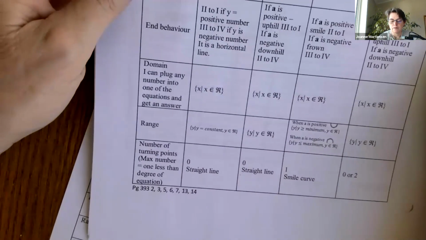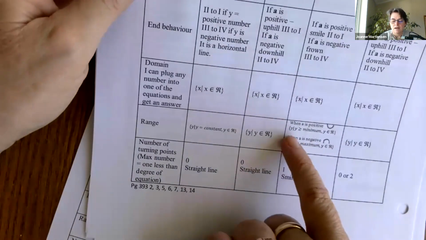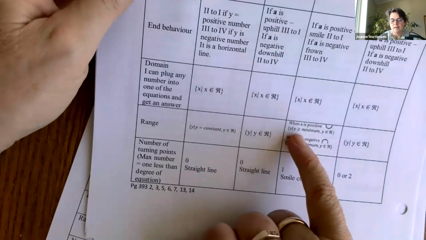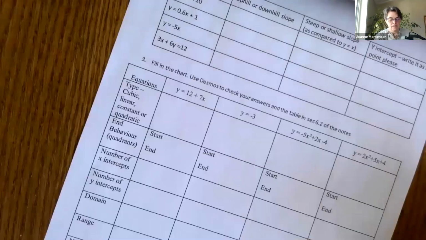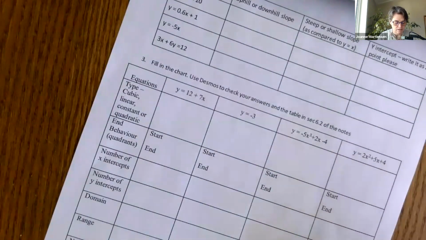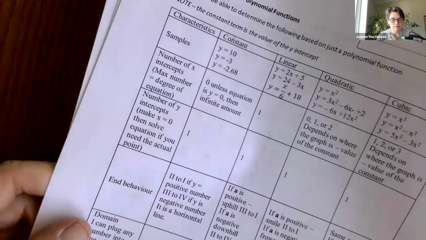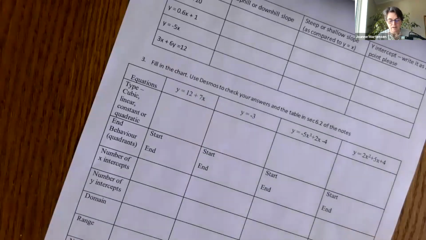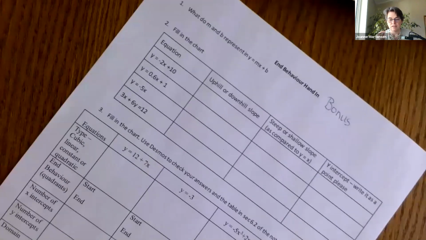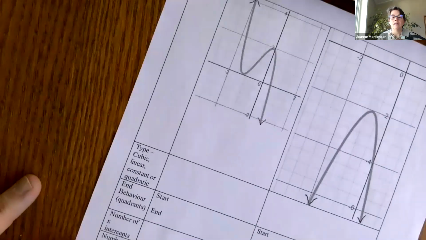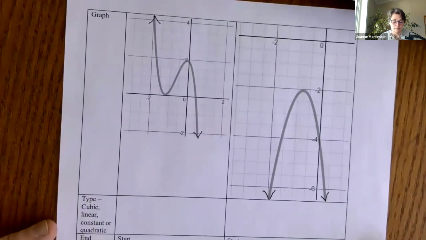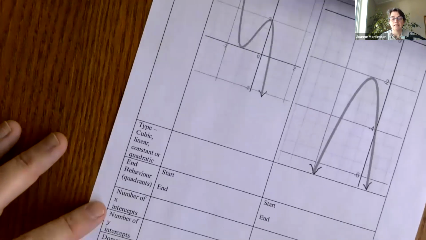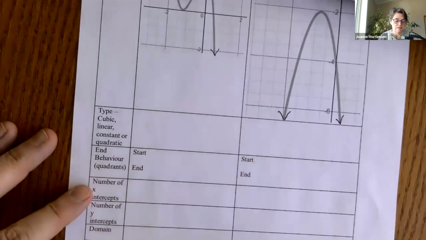It was positive, it was a smiley face. So I'm okay if you just write y is greater than or equal to whatever the minimum number is, like how low down it goes. Using this chart, Desmos, and the box examples, you should be fine. I think this page is pretty straightforward because I already have the graphs drawn for you. So it should be pretty cool to go through and do this.